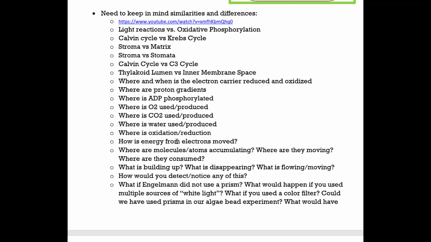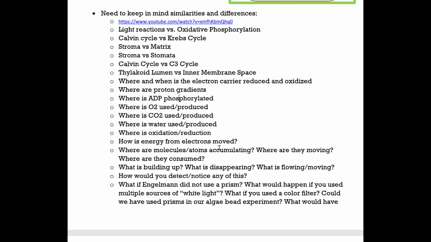Then photons that are absorbed by the light harvesting complex in photosystem 1 are going to also eject electrons from a chlorophyll molecule, and then these electrons that have moved through the electron transport chain will replace those electrons in photosystem 1. And molecules and atoms are accumulating inside the lumen of the thylakoid.